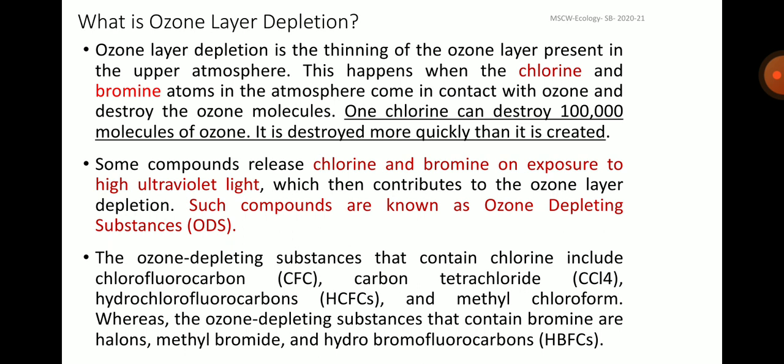The thickness of ozone layer is measured in Dobson unit, DU, where 1 Dobson unit is equal to 0.01 millimeter of the compressed gas at 0 degrees centigrade and 760 millimeters mercury pressure. That is, 100 Dobson units is equal to a 1 millimeter thick layer of ozone at 0 degrees centigrade and 760 millimeters pressure.